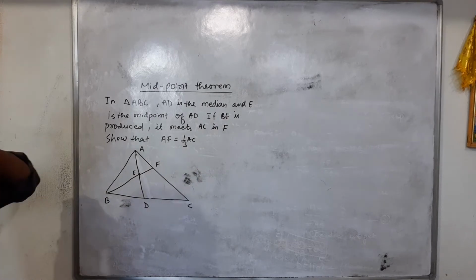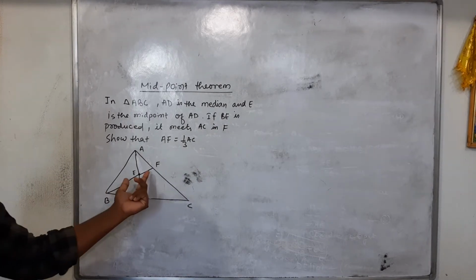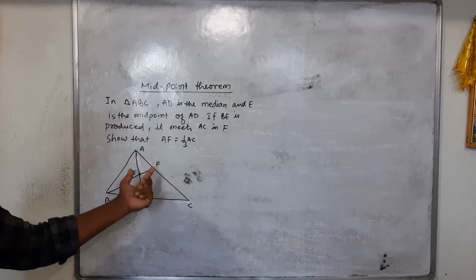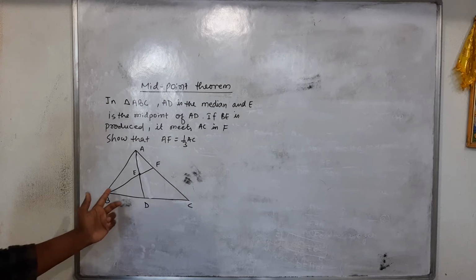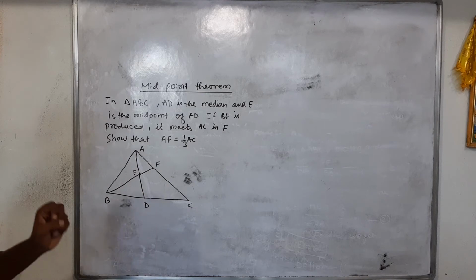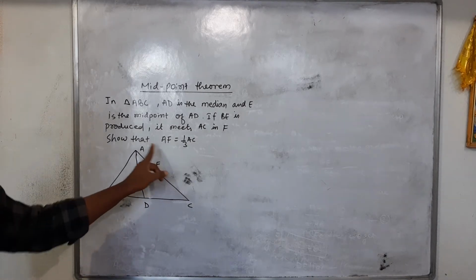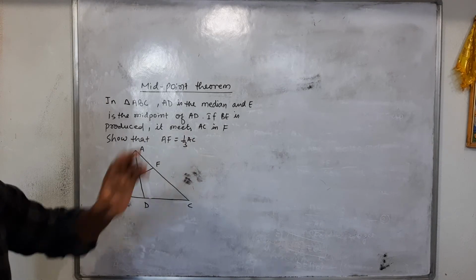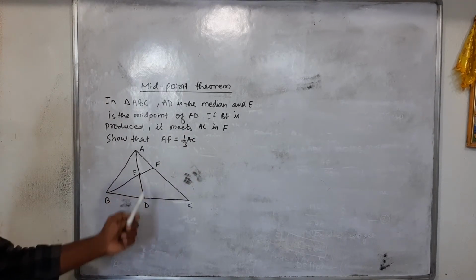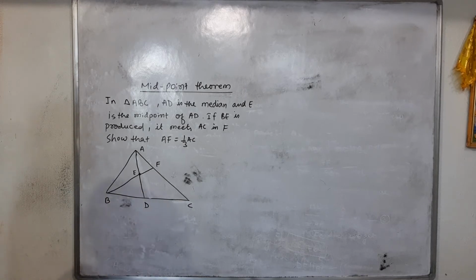If BE is produced to meet AC in F, what we have to prove is that AF will be equal to 1/3 AC. So we have a midpoint over here, and for the midpoint theorem we need a parallel line. I will draw a parallel from D.